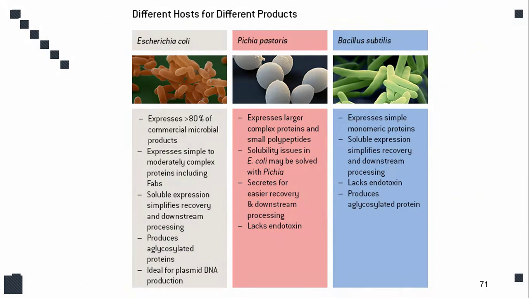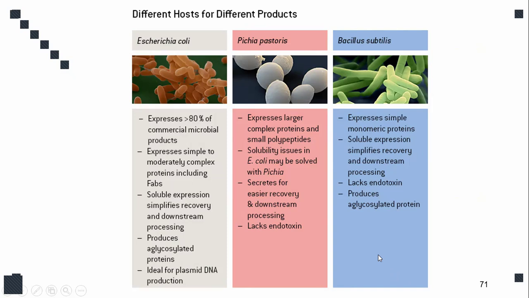If you take E. coli, for instance, it expresses greater than 80% of commercial microbial products, and expresses simple to moderately complex proteins, including carbs. Soluble expression simplifies recovery and downstream processing, produces aglycosylated proteins, and is ideal for plasmid DNA production. That's E. coli. In the case of Pichia pastoris, you can see it expresses larger complex proteins and small polypeptides.